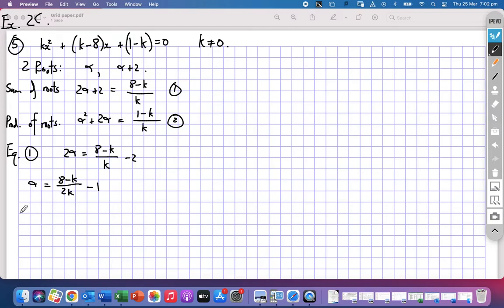But let's make it all one fraction. So we have alpha equals 8 minus k minus 2k on 2k. So that 1 is 2k on 2k, to give it the common denominator. So we end up with 8 minus 3k.